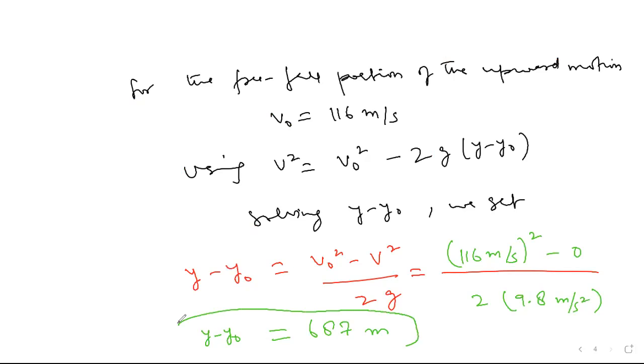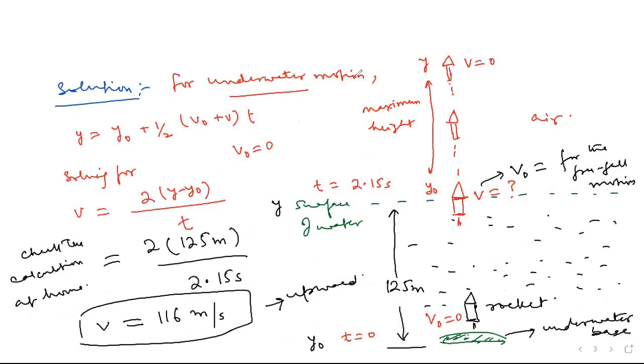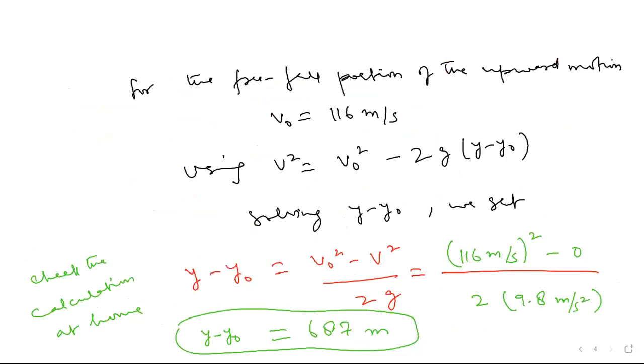This is our answer. As always, check the calculation at home. So this height is 687 meters, from the surface of water to the point where the rocket momentarily stops, right? 687 meters.